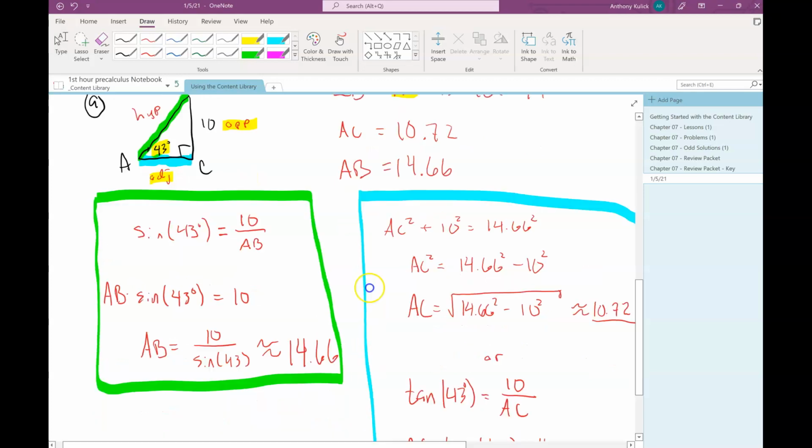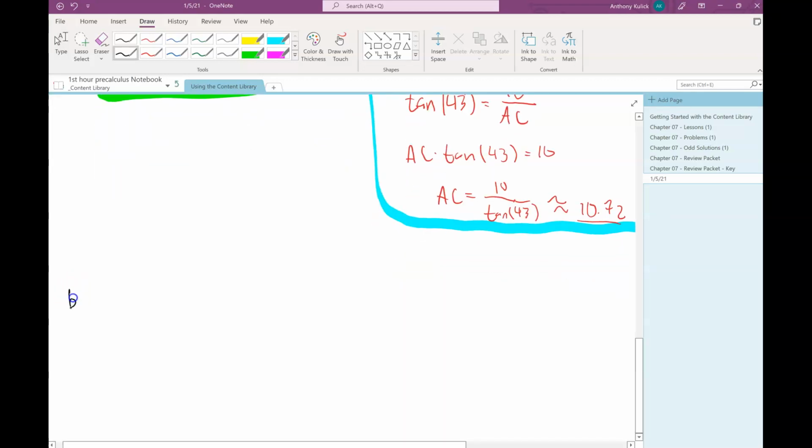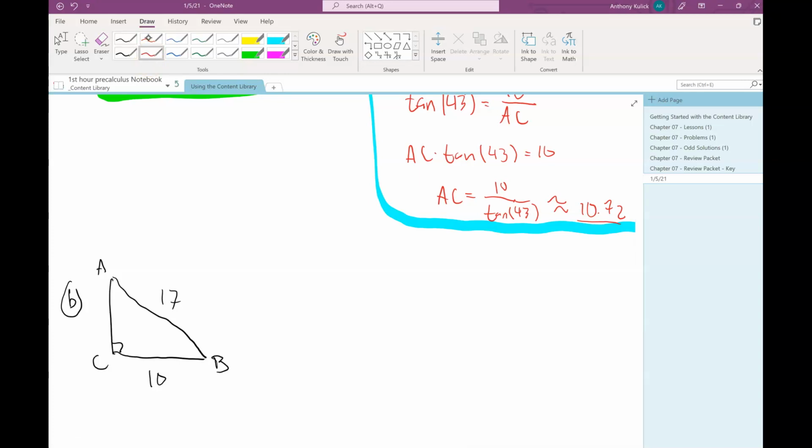The other starting information you could get would be two side lengths. Okay, so let's do an example here where you're given two side lengths.